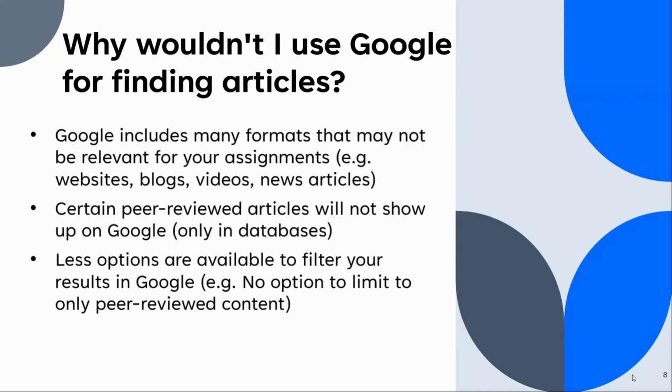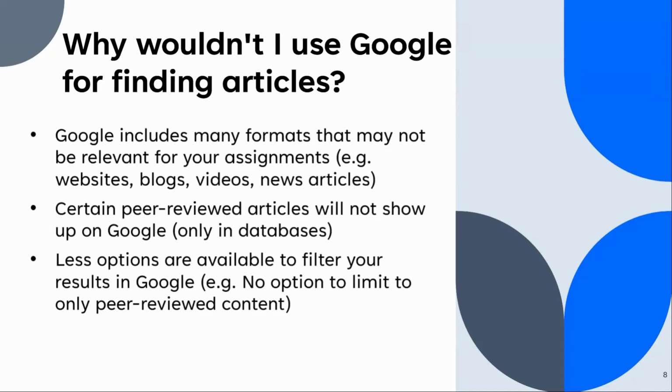And then finally, one thing that Samuel will show you a little bit later in this workshop is how to go through the process of doing a search through the search engine on the library's website. And one of the things that's really helpful sometimes is there are a whole bunch of different ways to filter your search results.